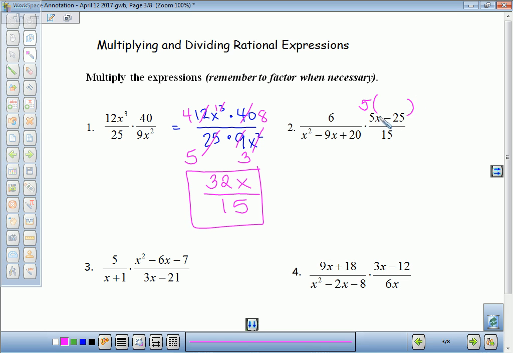And when I factor out the 5, I am left with x minus 5. Now let's take a look at this trinomial. Does it factor? Yes. So it's going to factor to a binomial times a binomial. And what are those binomials? Very good. x minus 5 and x minus 4.